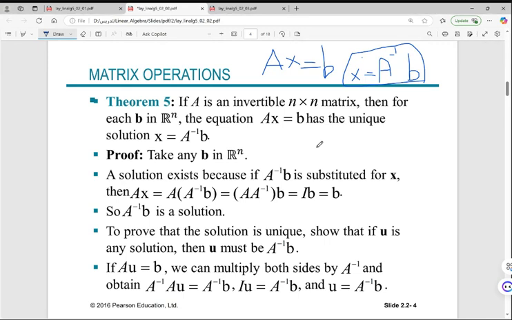So X equals A minus 1 B. We multiply A minus 1 and B to get X.